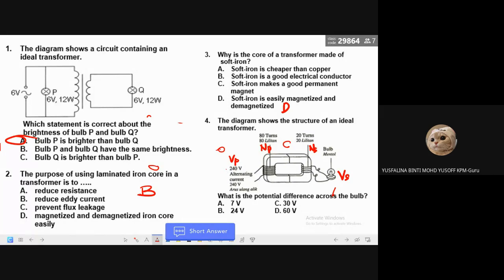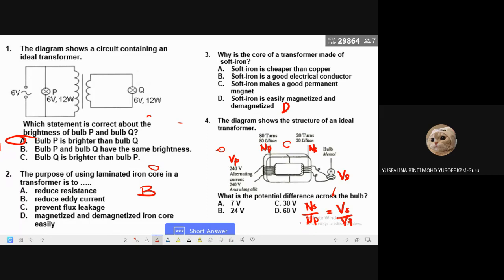So that one will be the primary, and the other part, let's say on the right, is where you see the bulb or electrical appliance. Sometimes they put something other than a bulb. That one must be secondary, or output. Sometimes they put input and output: input is primary, output is secondary. So we use NS over NP equals VS over VP.